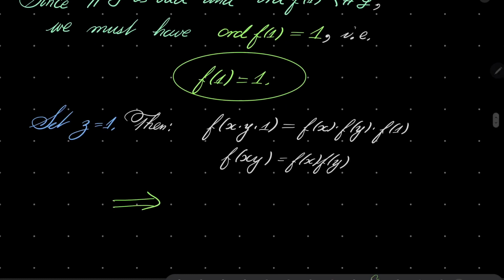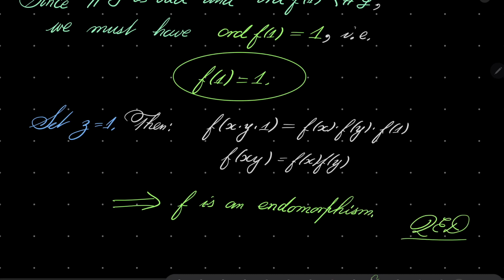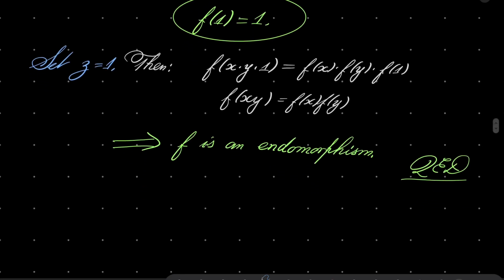Which means that f is an endomorphism. Which closes the proof of part A. Notice that we have used in a substantial way the fact that the order of our group is odd. So this should suggest that maybe for even cardinality of G, probably the result is no longer true.